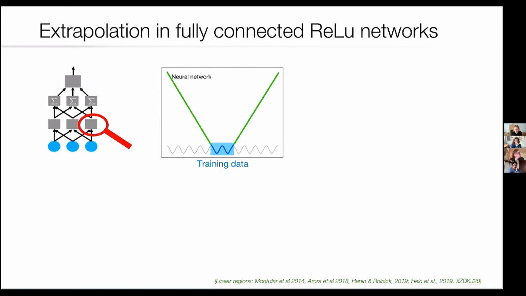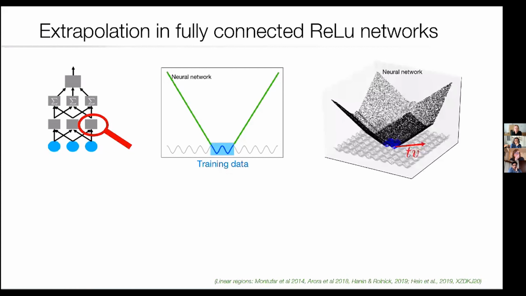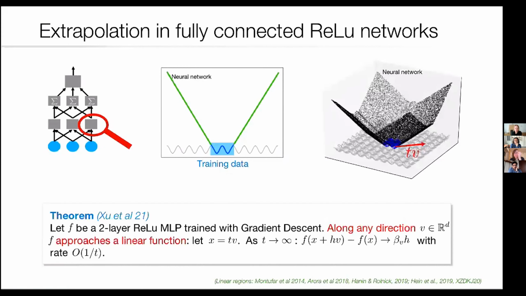And this happens also in higher dimensions. You don't get a general linear function, but as you go away in each direction, you essentially get a linear function. That's the low dimensional plot of the function. And you can also prove this. Here's a theorem that says exactly this.